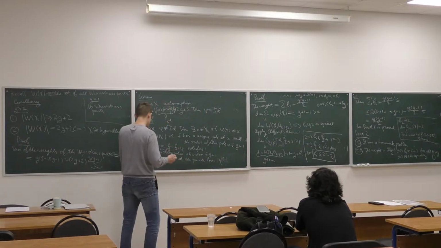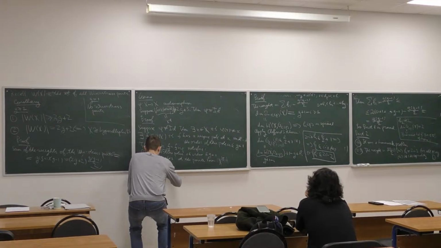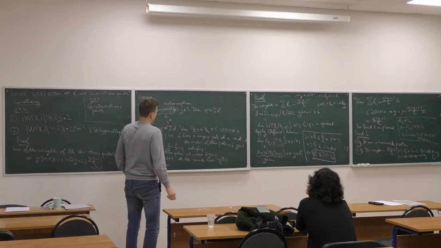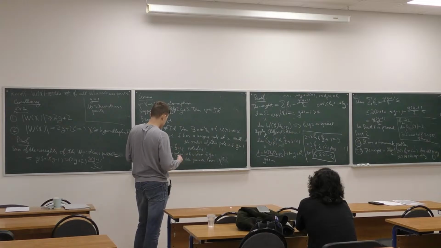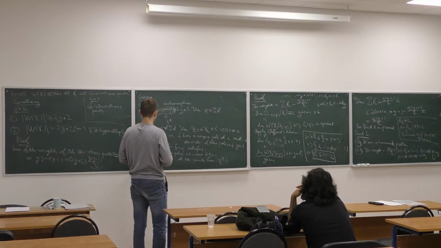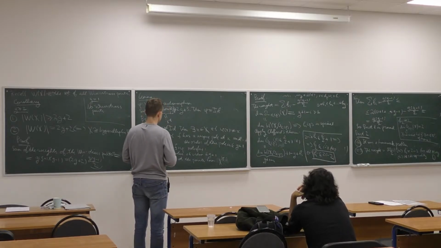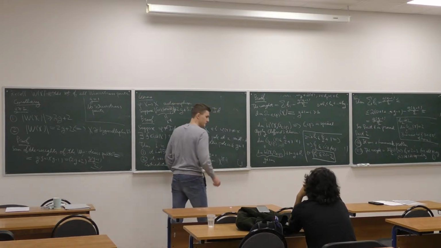So this is a contradiction, because the sum of the orders of the zeros should be equal to the sum of the orders of the poles. So this completes the proof.